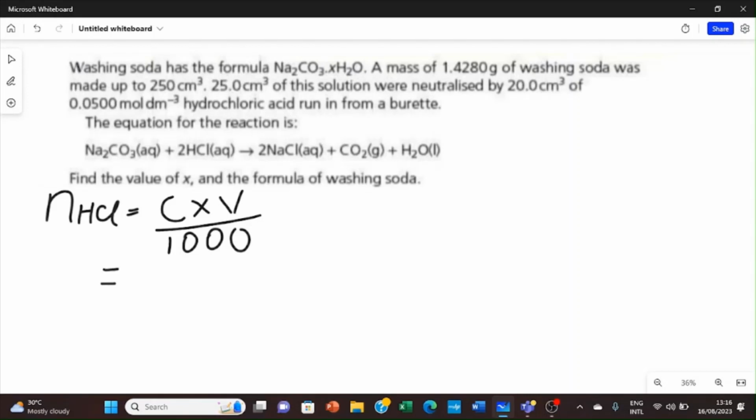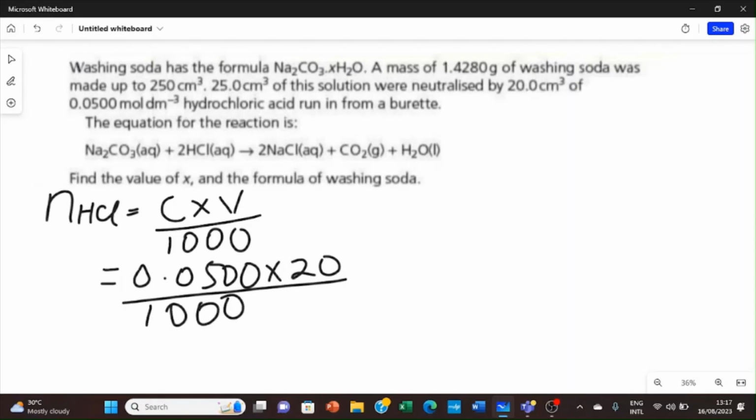So we'll have 0.0500 multiplied by the volume of hydrochloric acid, which is 20, divided by 1000. If I use my calculator, the number of moles of hydrochloric acid is equal to 0.001 moles of hydrochloric acid.